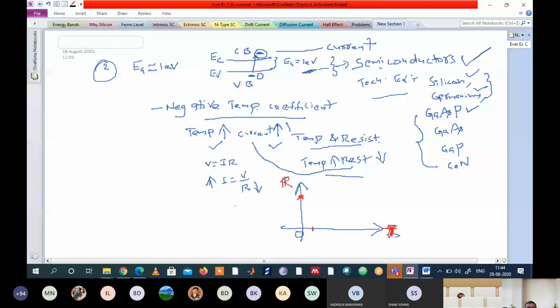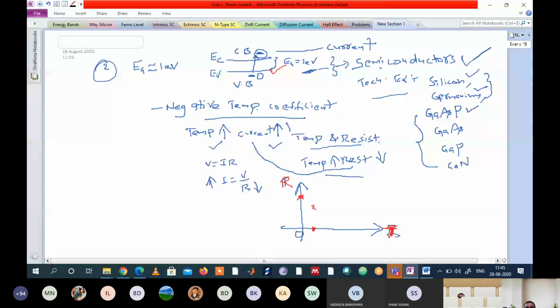Temperature, I'm increasing some value like 10 degrees C, so I'm giving certain energy to electrons present in the valence band. So what happens to the electron? It will jump from the valence band to the conduction band. Current is generated. Current is increasing, so resistance should decrease. Decrease means it should go downwards or upwards? Downwards.